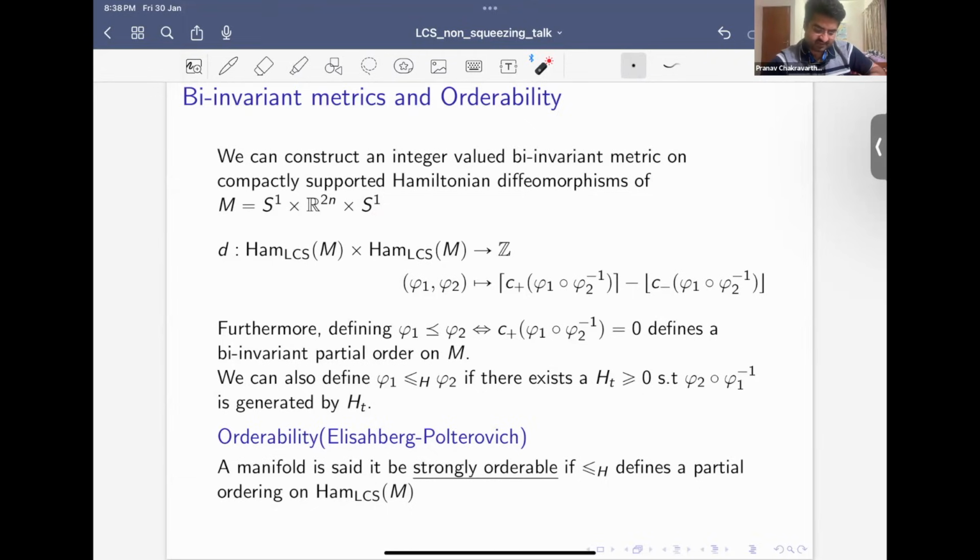And this also defines a partial ordering on the space of Hamiltonian LCS maps, where we say phi1 is less than or equal to phi2 if and only if C plus of phi1 compose phi2 inverse equals 0.